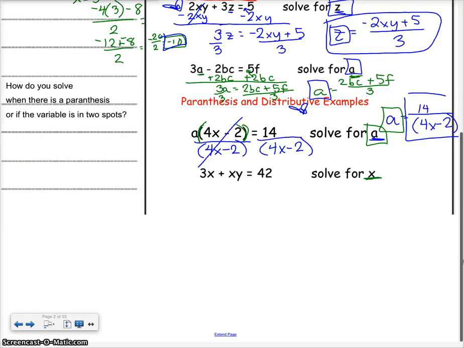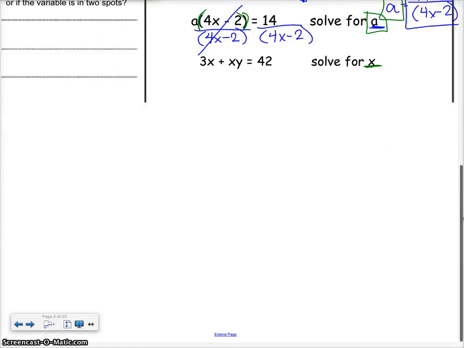All right, look at this next one, solving for x. So do you see x's in 2 spots right now? I need x in 1 spot. So this is really applying the distributive property still. You're sharing an x, so I want to take that x back. See how the x is in 2 spots? I bring it to 1 spot. So I pull it away from what's being shared.